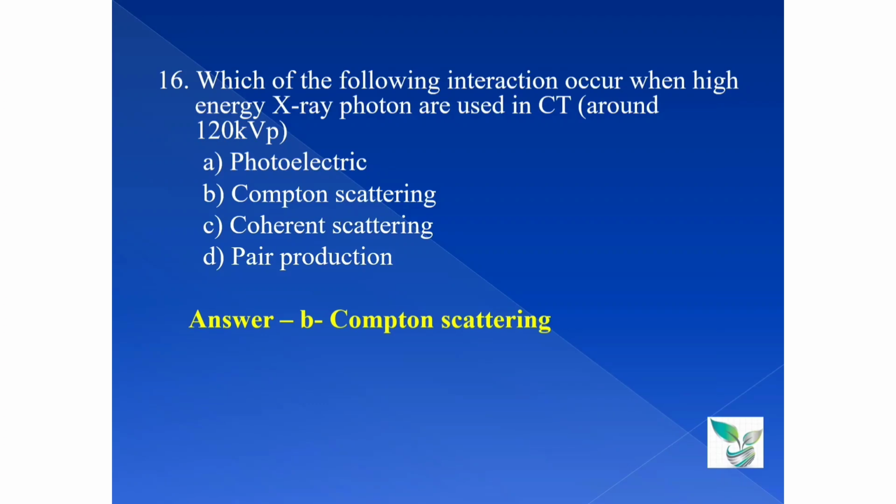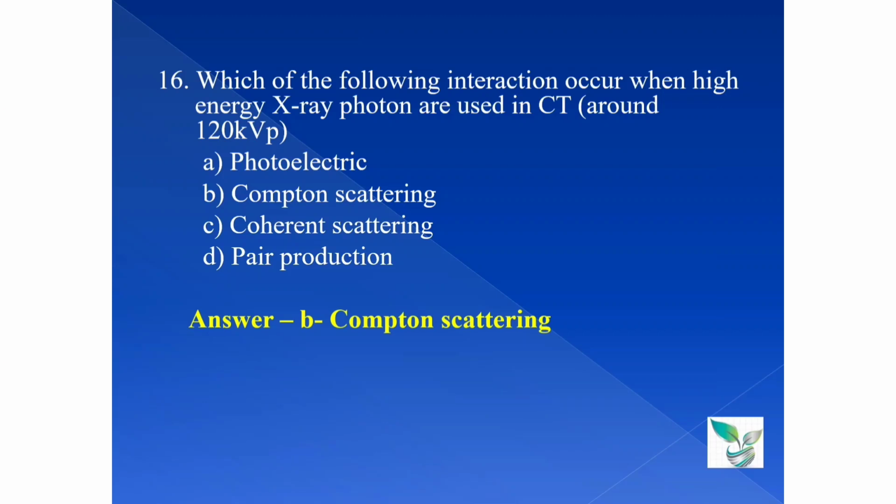From this question, you will understand that when the kVp is increasing, the interaction changes. Usually in diagnostic radiology, the predominant interaction is the photoelectric effect, whereas when the kVp is increasing, it changes into Compton interaction or Compton scattering.